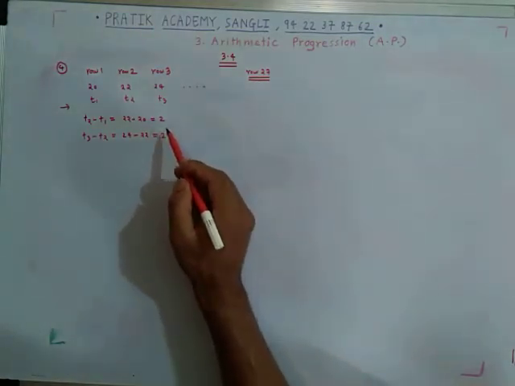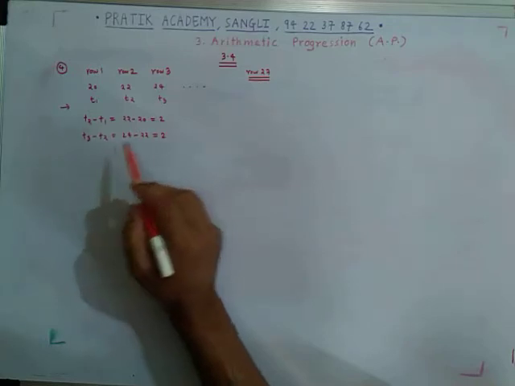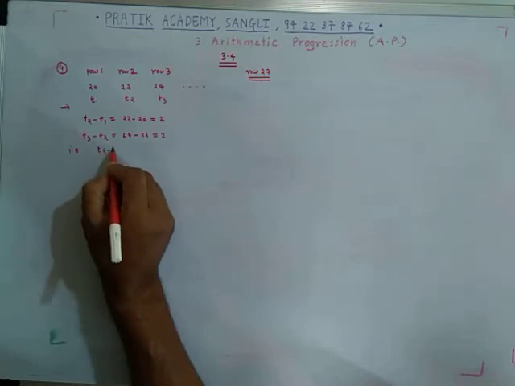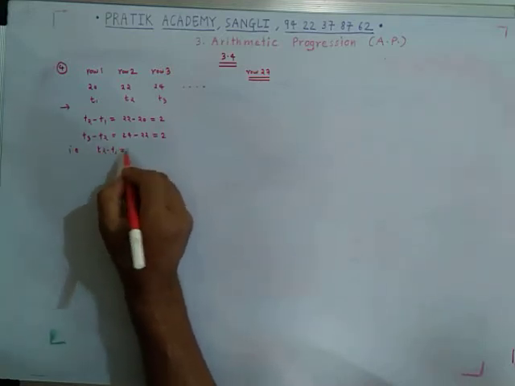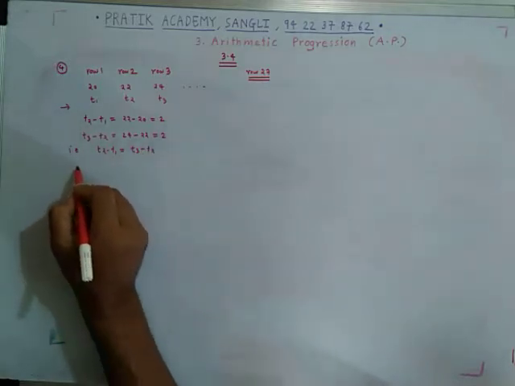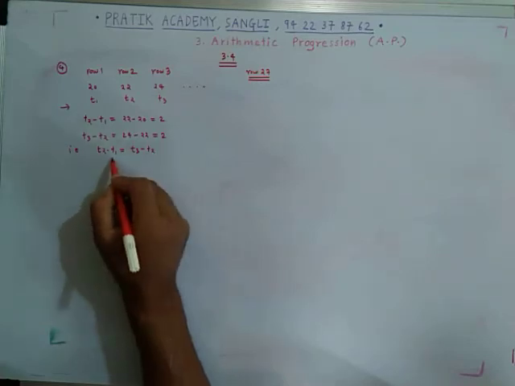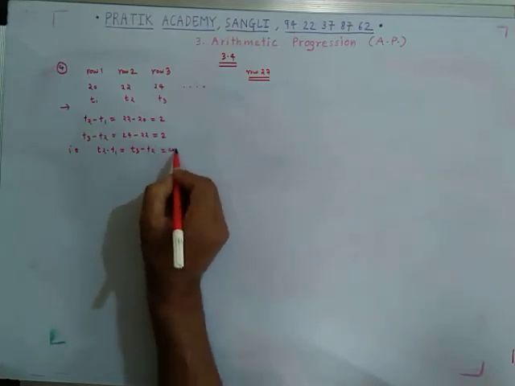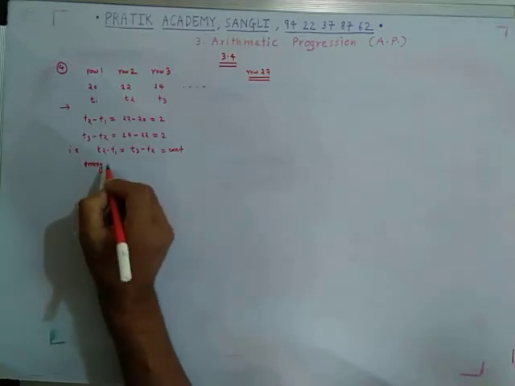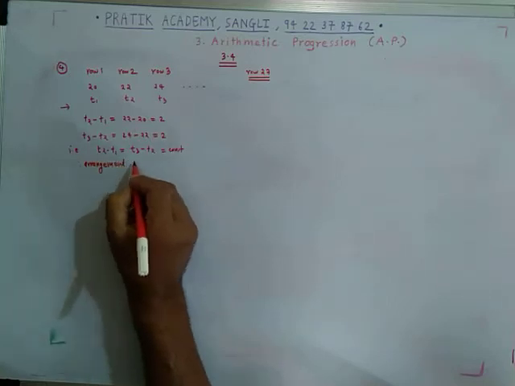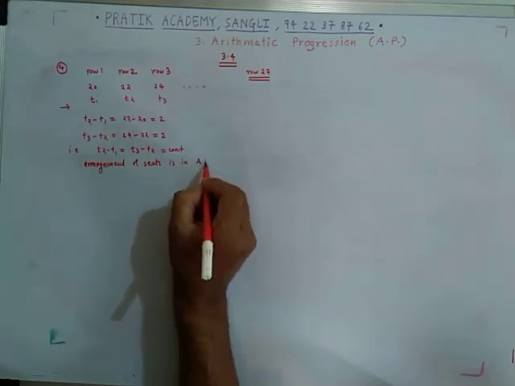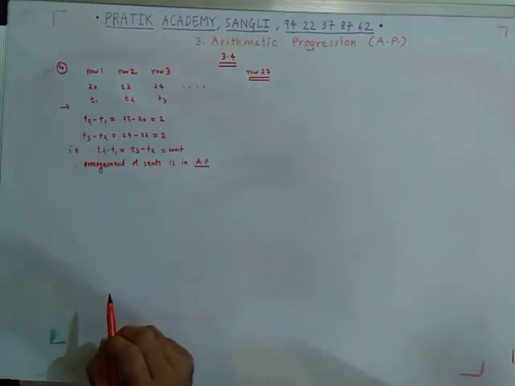From this we can say that the difference between consecutive terms is constant, that is, T2 minus T1 is equal to T3 minus T2. Therefore, we can say that the arrangement of seats is in AP.